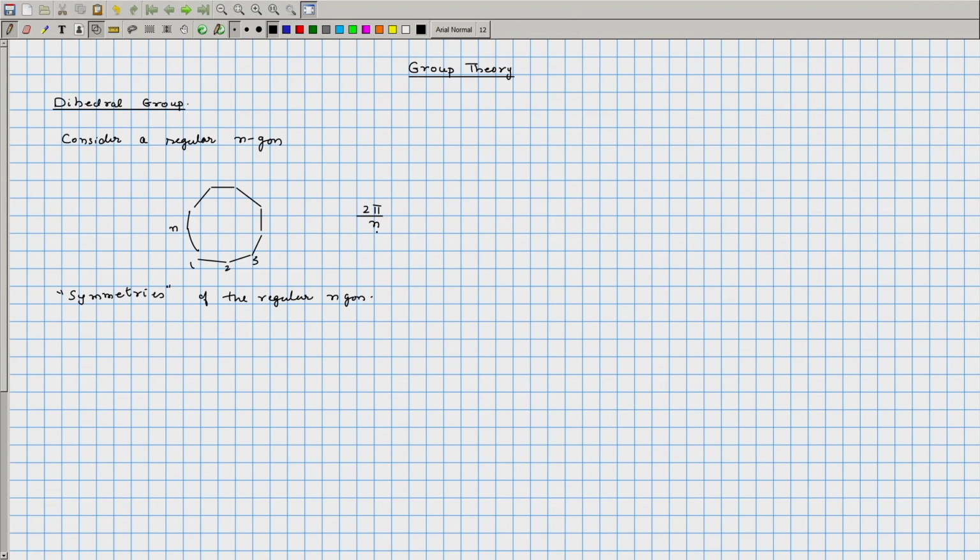So, fix an n. Let us say n is equal to 8 or 10, or pick any number and consider a regular polygon of those many sides. And we are interested in the set of all rigid motions which will leave the n-sided polygon unchanged.